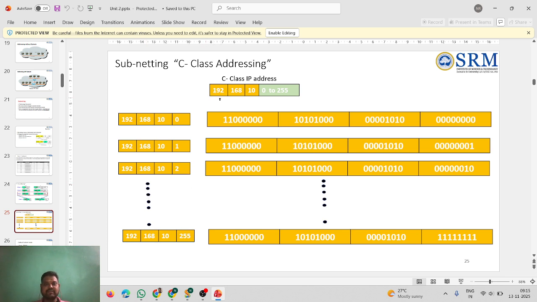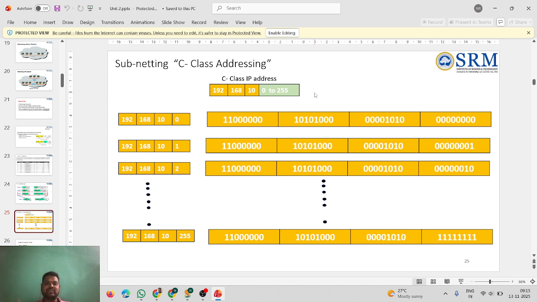It's very simple. Here is your given IP address, right? In order to calculate the network address, you have to convert the decimal notation to binary notation. Then the subnet mask will also be considered in binary notation.